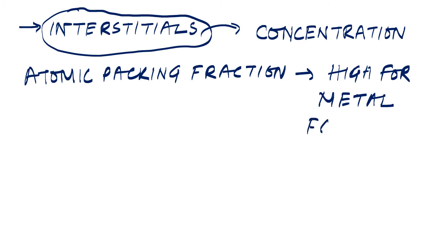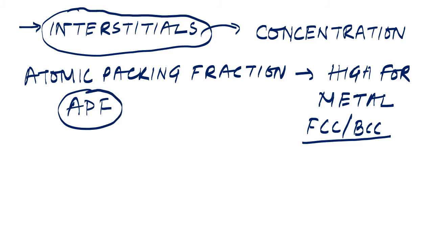They have FCC structure or BCC structure, and they have a very high atomic packing fraction, right? So it means they will have very small interstitials. So the solute atom must have a very small size.